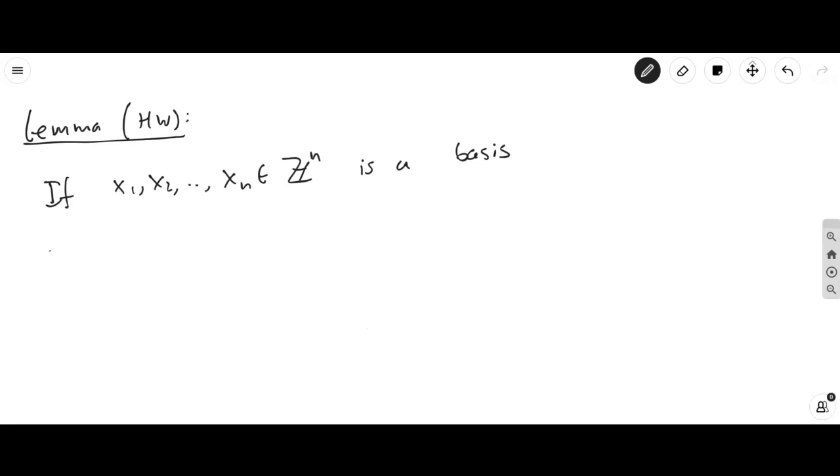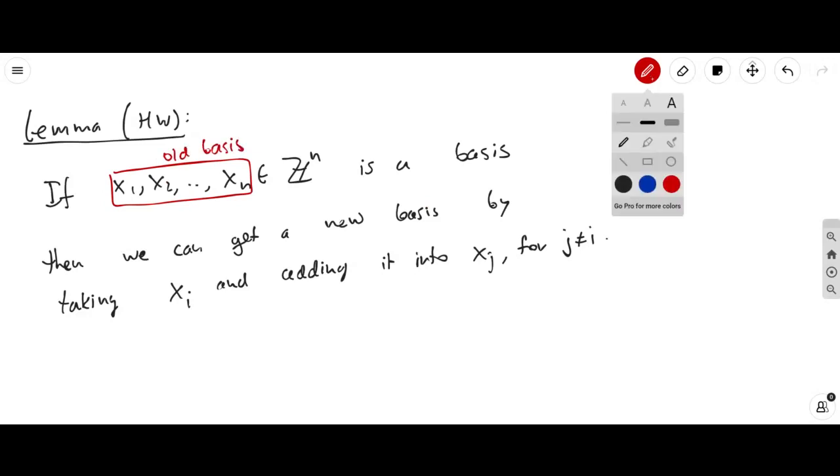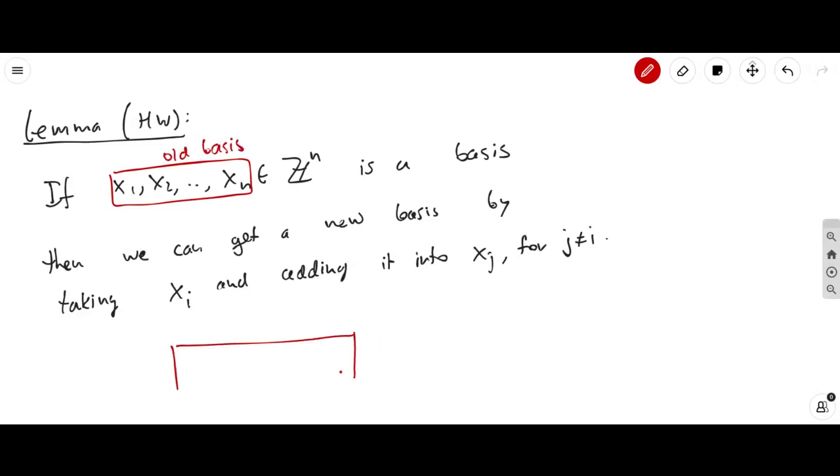So if that is a basis, then we can get a new basis by taking one of these vectors, let's say xi, and adding it into xj for j not equal to i. So in other words, this over here is your old basis, and now you can create a new basis.